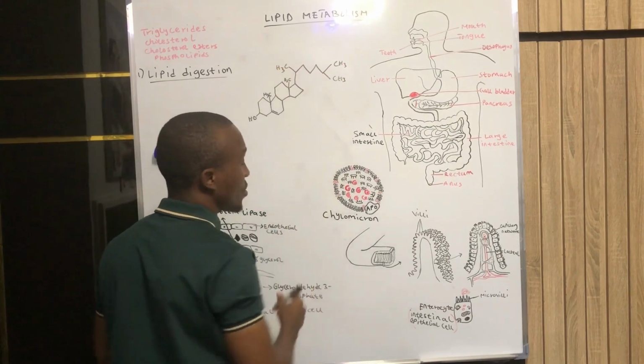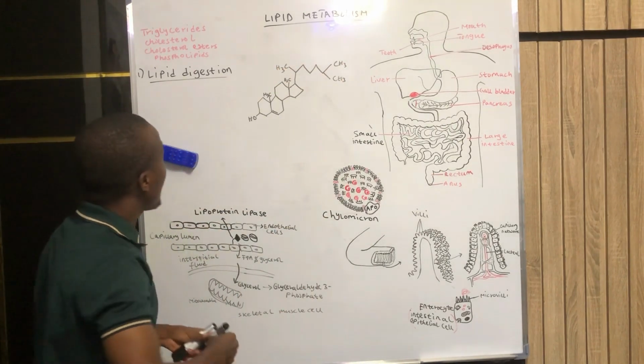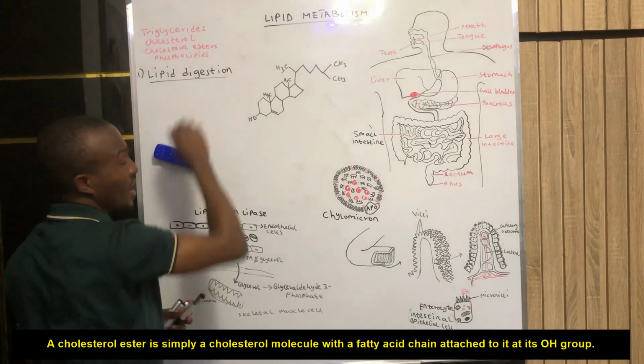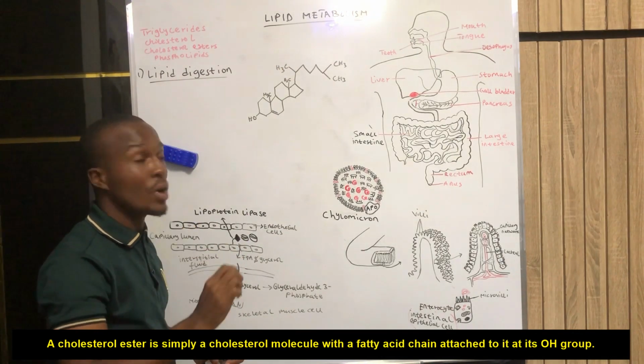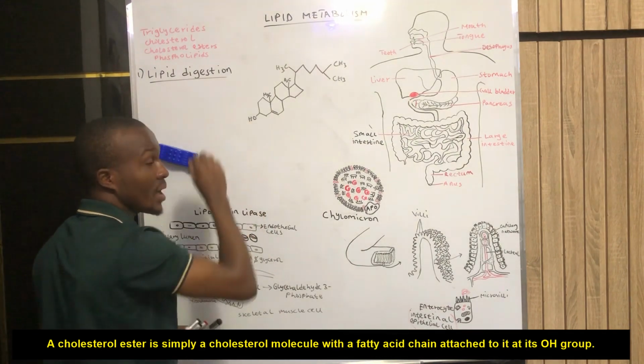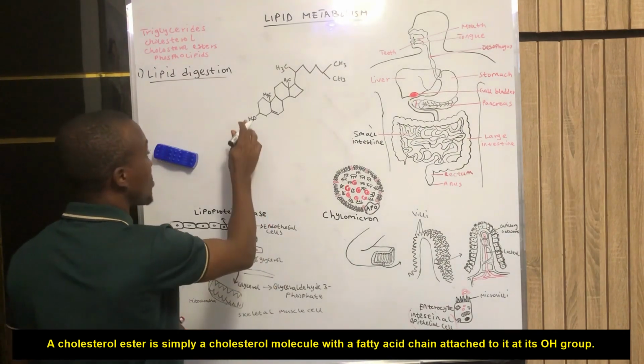So this is a cholesterol molecule. Now a cholesterol ester is simply a cholesterol molecule with a fatty acid chain attached to it at this point.